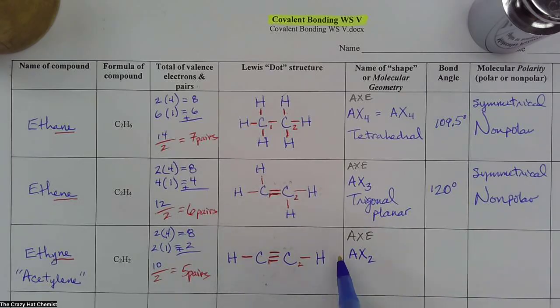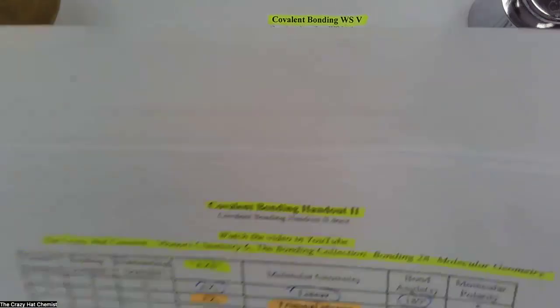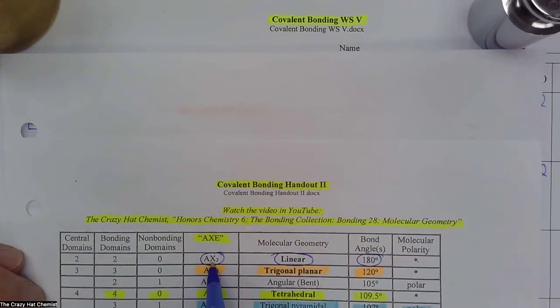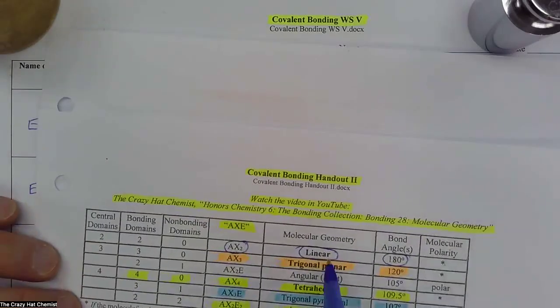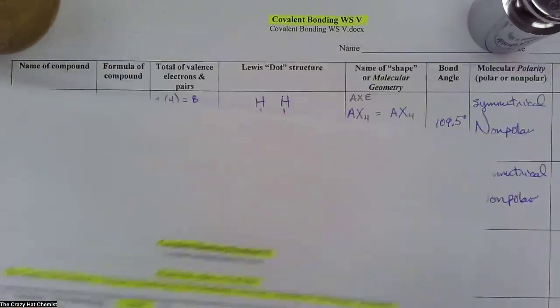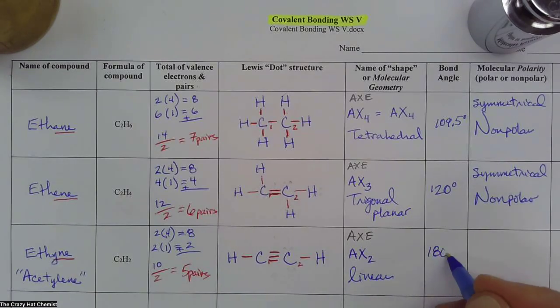Or we can look at the central atom as carbon 2, and that's an A, and then X1, X2, and that still gives me AX2. What does that give me in terms of a shape? AX2 is linear. And like you would think, linear would lead to a bond angle of 180 degrees. Now we need to build the model.